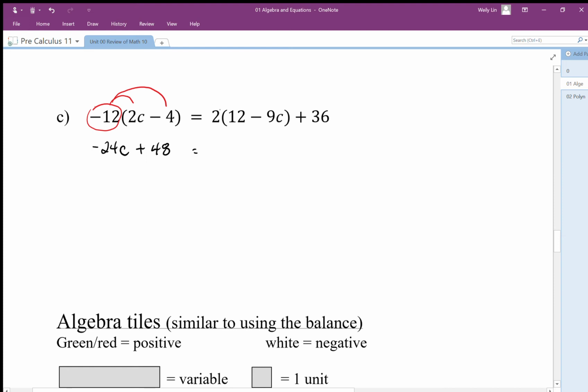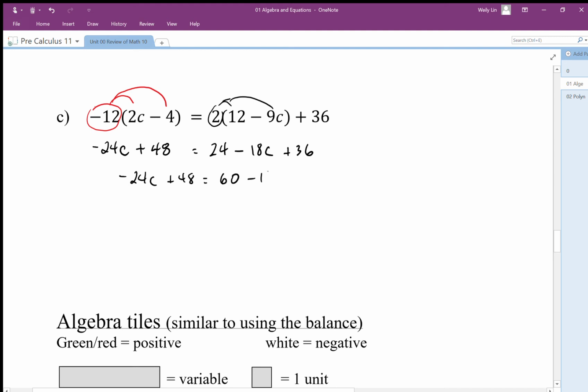Here again we're going to distribute. So we get 24 minus 18c plus 36. So I'm going to combine my like terms. So 24c plus 48 is equal to, in this case, 60 minus 18c.